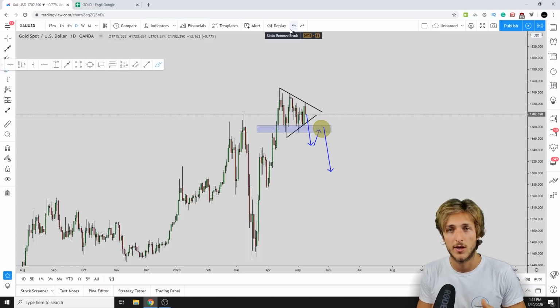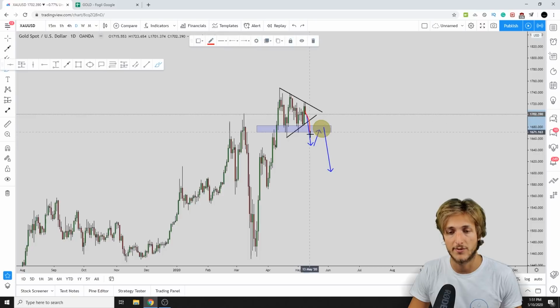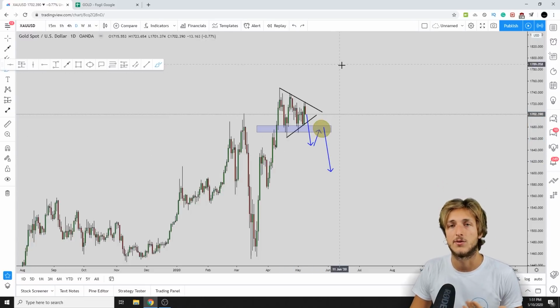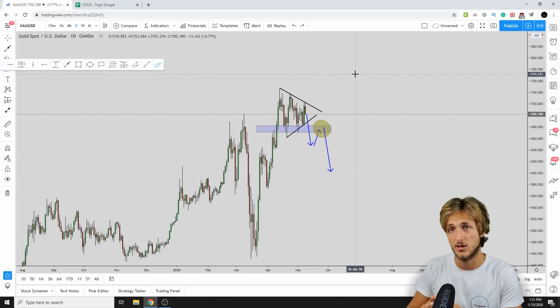Basically, it will help you filter out losing trades. Why? Because if, for example, after this break and retest, our rules for entry are not satisfied in this area, then it means that the market has higher probabilities of just continuing to the upside. Therefore, we will not be entering the market. So it definitely filters out a lot of losing trades if you have clear, solid rules also for entry, not only for direction.